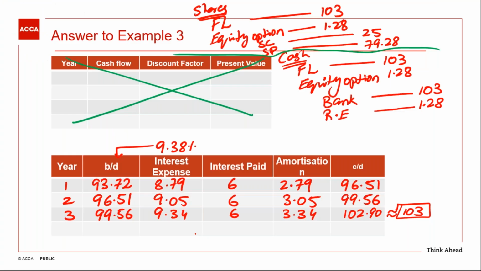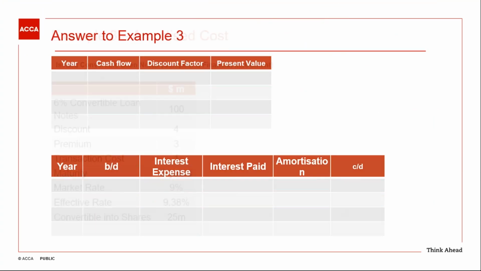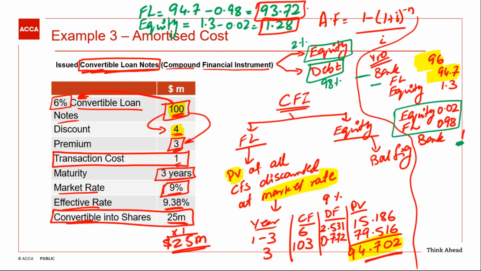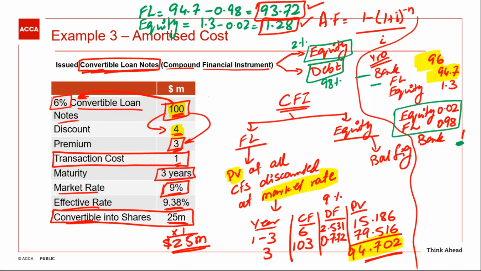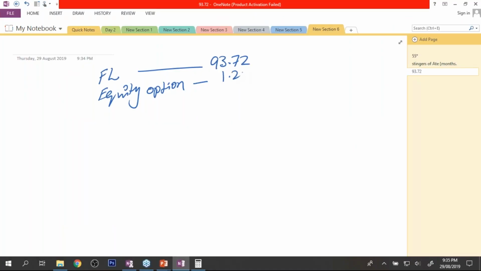If I go back, the liability and the equity option were initially recorded at 93.72 for the liability, and the equity at 1.28. This is what we had recorded in year 0.